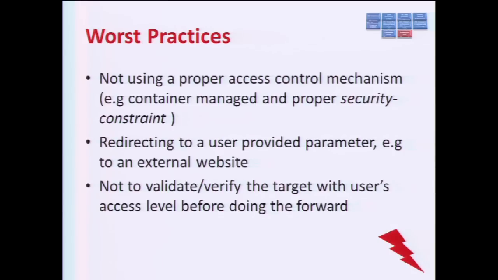If you are forming your next resource URI using user-provided values, which basically you should never do, but if you need to do that for some reason, make sure that you properly validate the input parameter from the user, because when you are forwarding a user to a new resource, nothing is going to prevent it from accessing that resource. If you have said forward, it's going to happen. While with redirect, it's going to go through another access control check, but with the forward, it's not going to go through another access control check before it's happening.